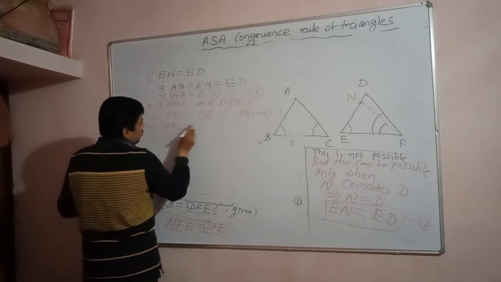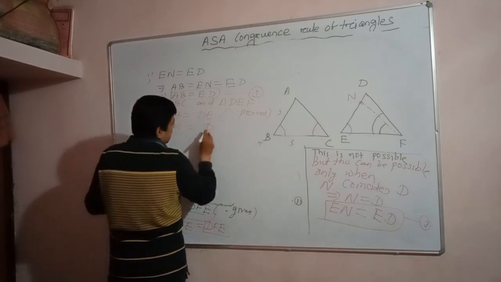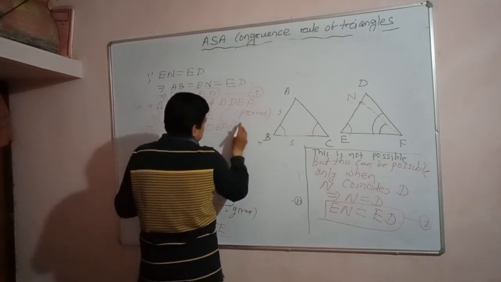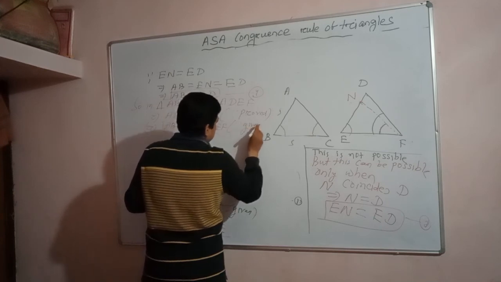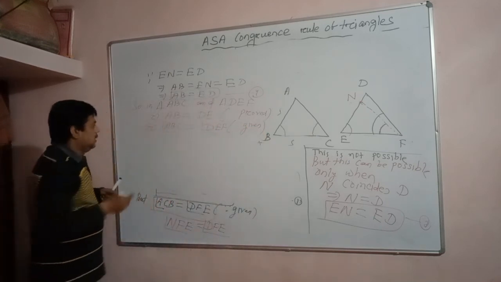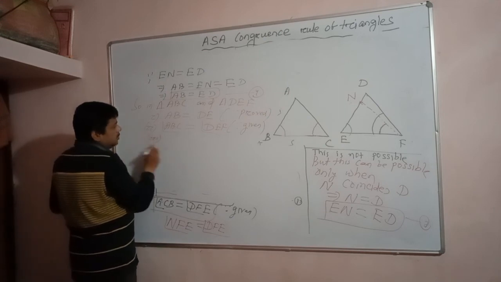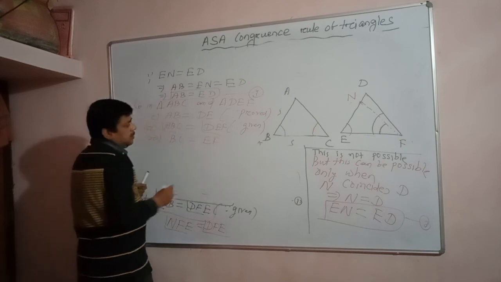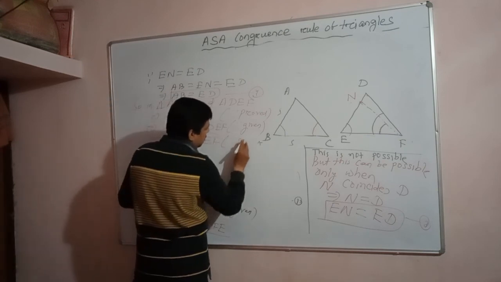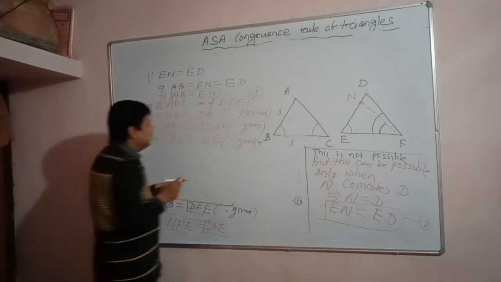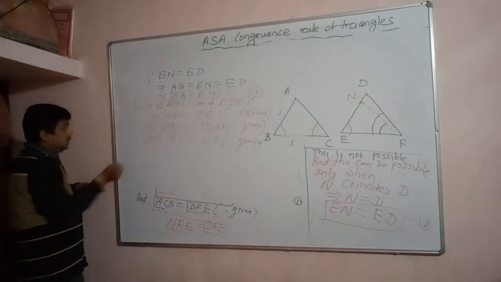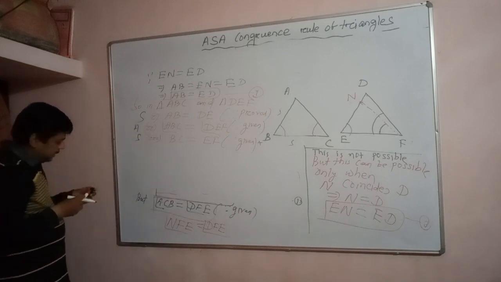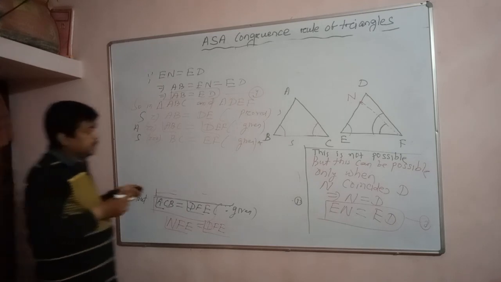Angle ABC is equal to angle DEF. It is already given. And third point, BC is equal to EF. This is also given. Right? This is in accordance with which? Side angle side axiom is clearly satisfied.